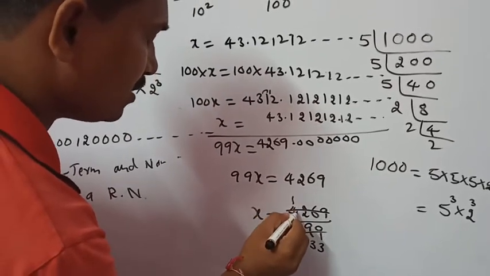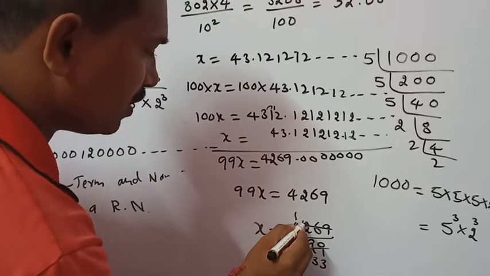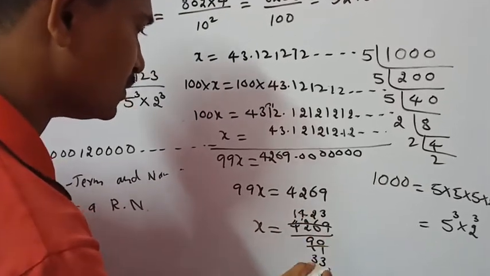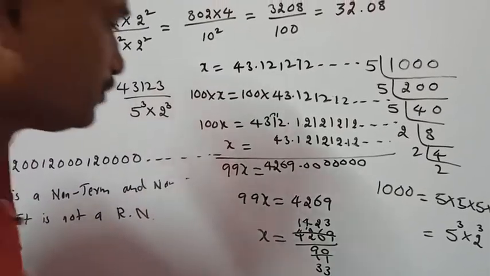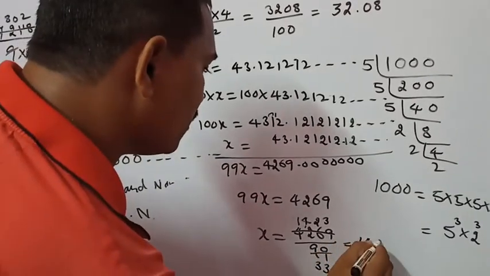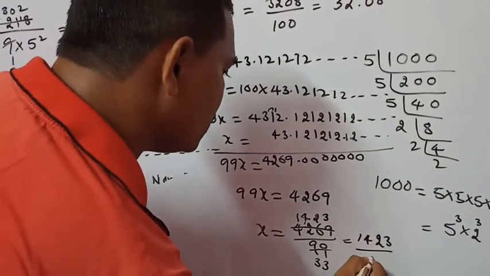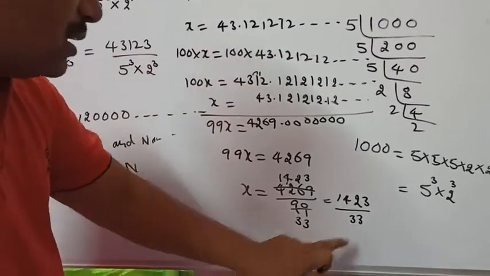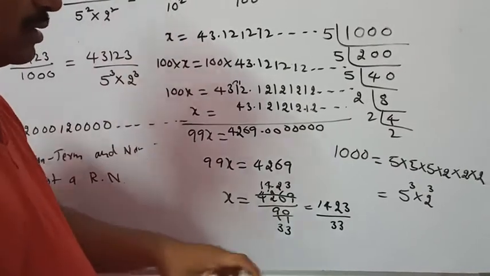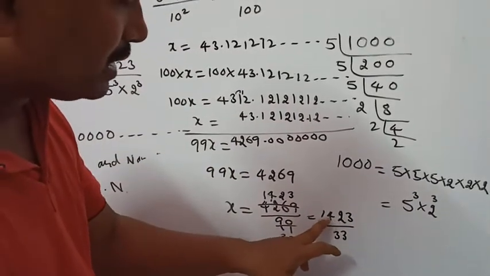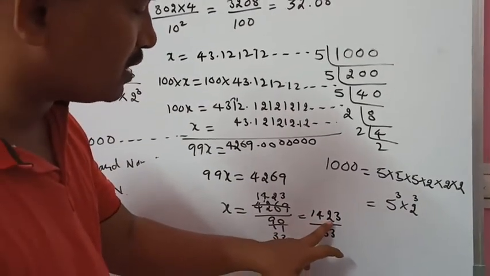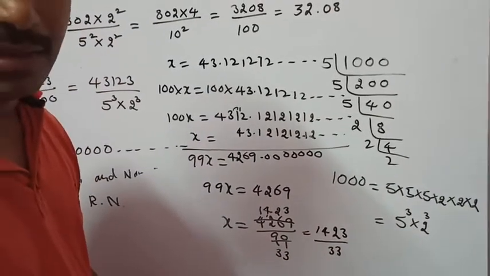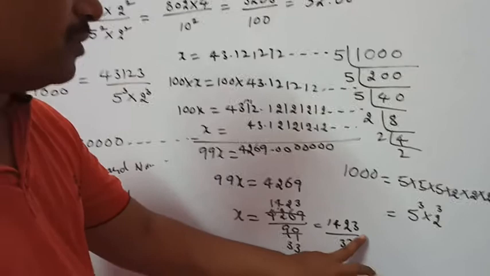So again verify: 1423 by 33. The denominator is divisible by 3. So verify the numerator. Add the digits: 1 plus 4 is 5, 5 plus 2 is 7, 7 plus 3 is 10. So 10 is not divisible by 3. So it is not divisible by 3.